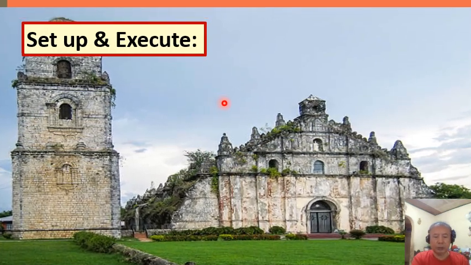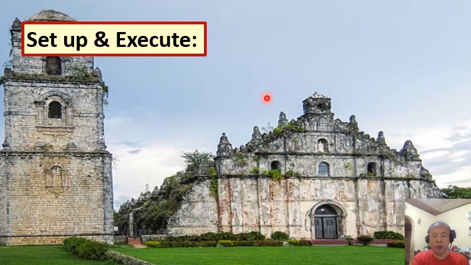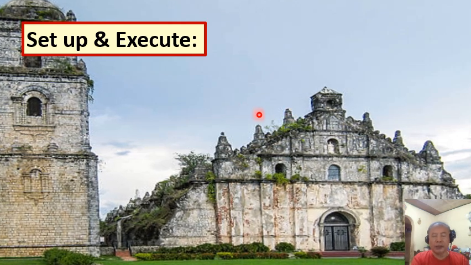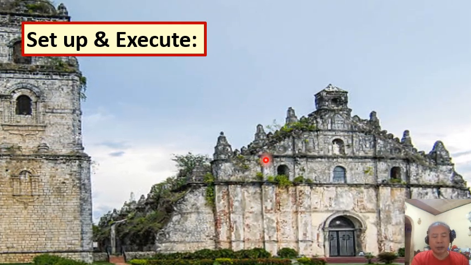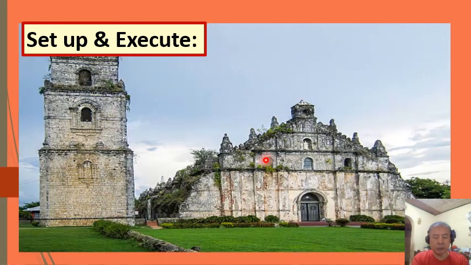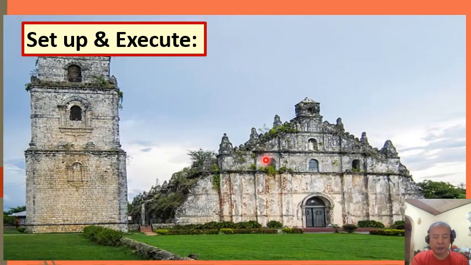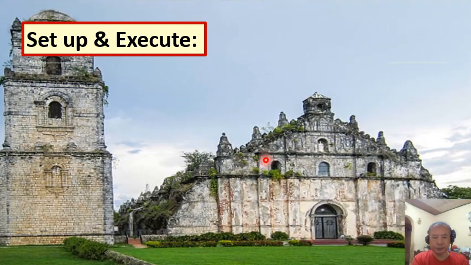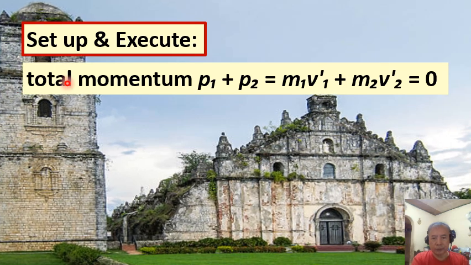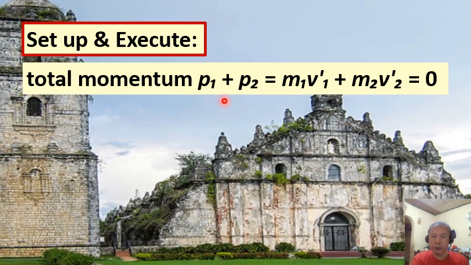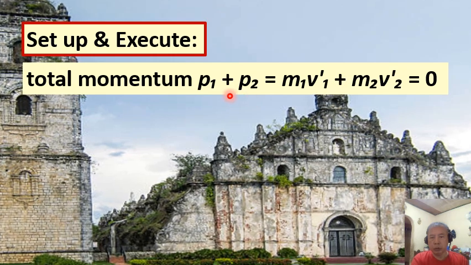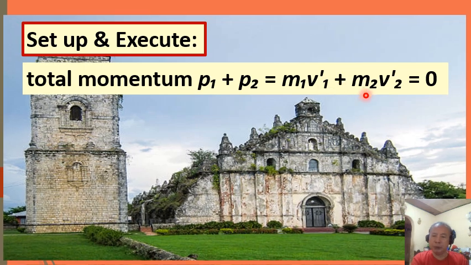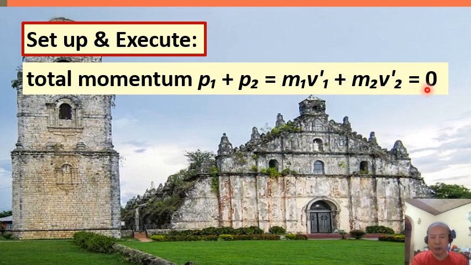As I said a while ago, there are two unknown variables, so we need another independent equation, which we are going to derive from considering that the total momentum of the system is equal to 0. So P1 plus P2, or m1 b prime 1 plus m2 b prime 2, equals 0.